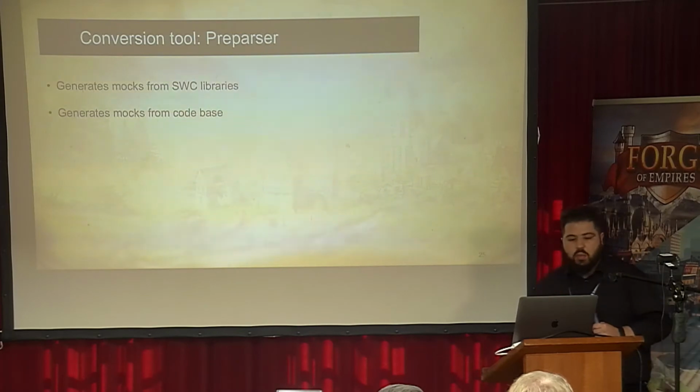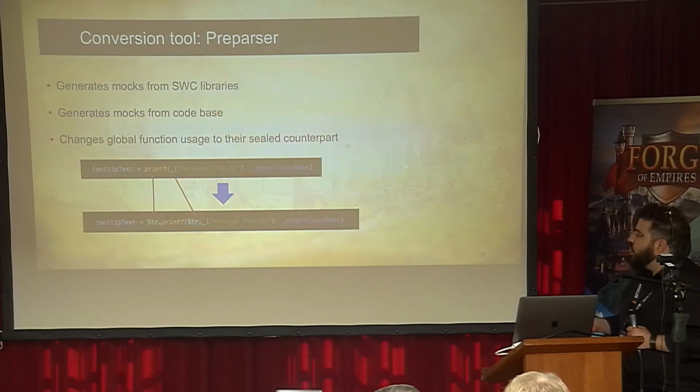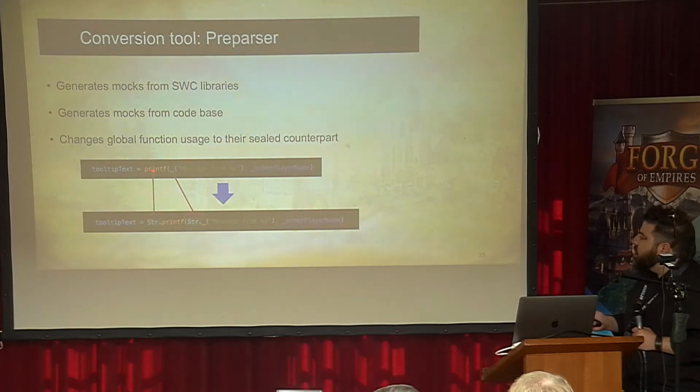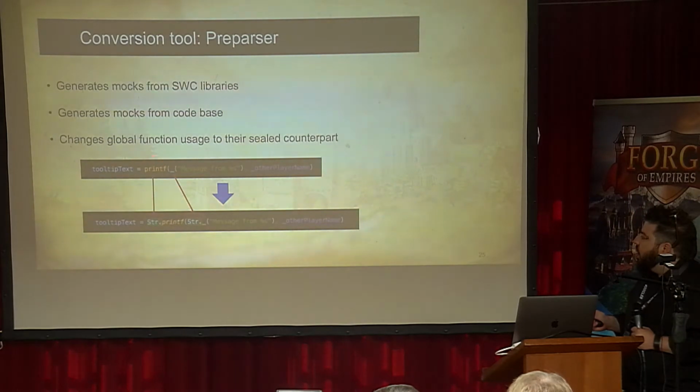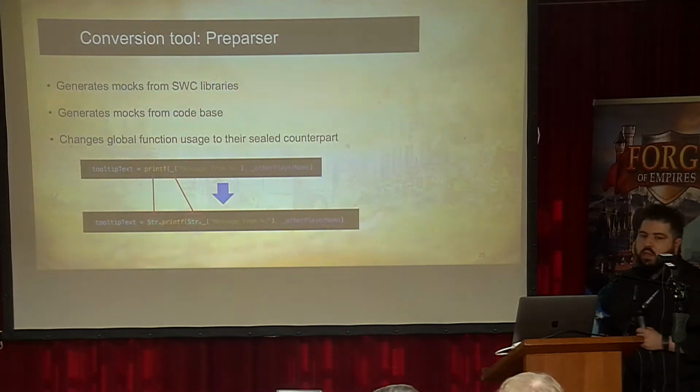So the first two things that the preparser does is mock generation. It generates mocks from our libraries, I'll come to this later, and it also generates mocks from our code base. And this is the global function changing that I was talking about. We have here two global ActionScript functions that are going to be converted into a static class.